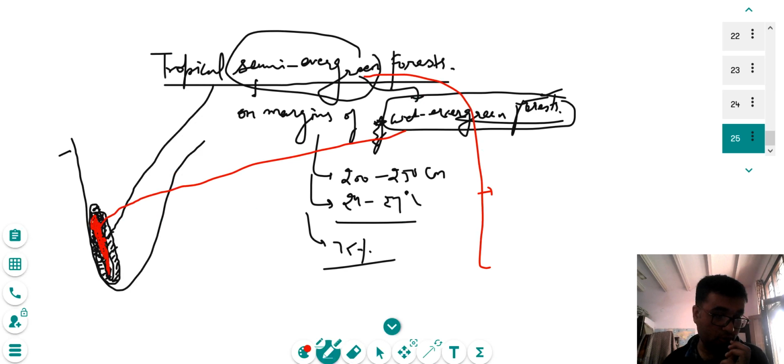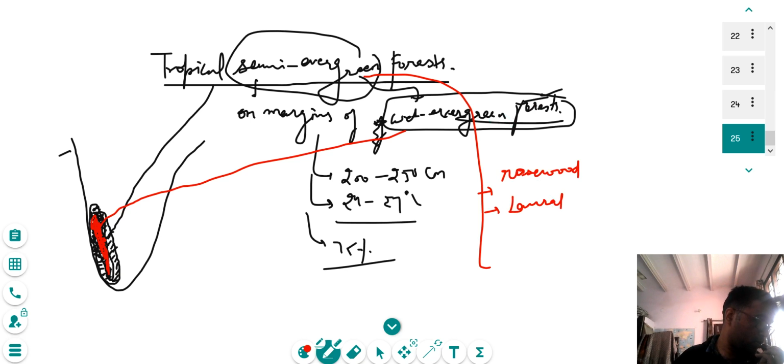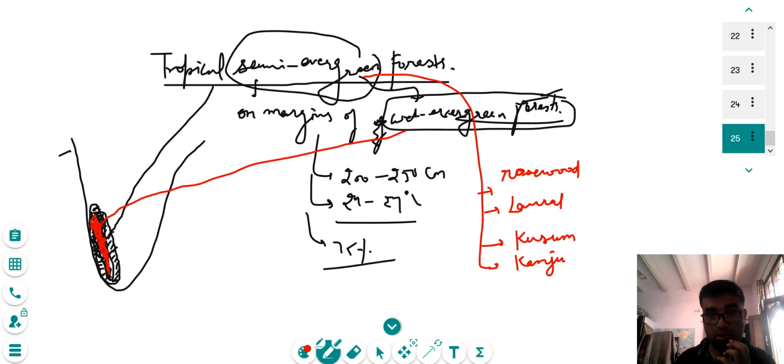are the rosewood, laurel, kusum, kanju. So these are the main trees in the semi-evergreen forests.